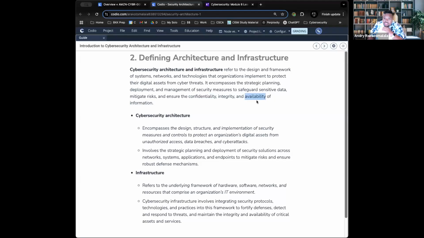The availability piece is really important because this is how we make sure that our business can continue running. We will talk a bit more about resilience, disaster recovery, and incident response later on. But architecture and infrastructure are key because then you're proactively building all of this with security in mind.